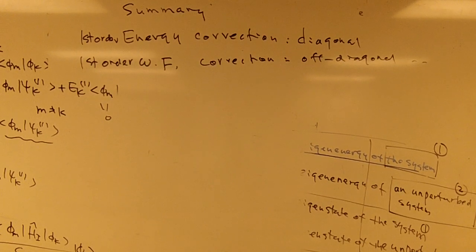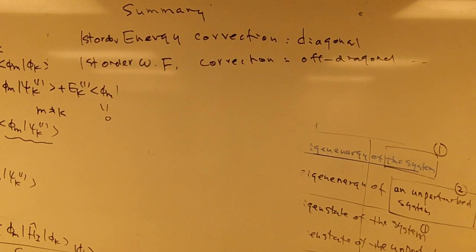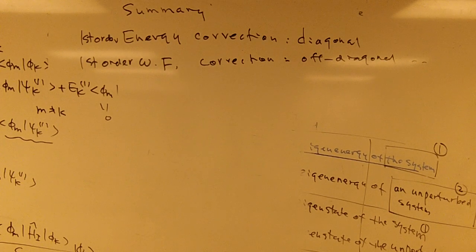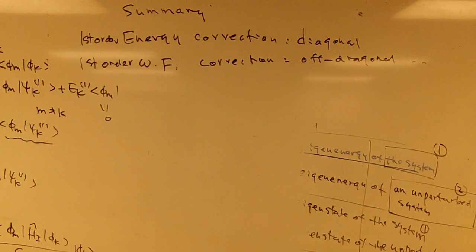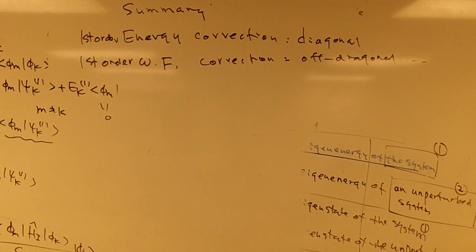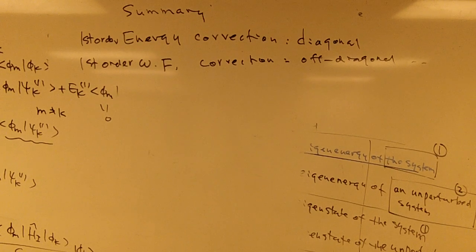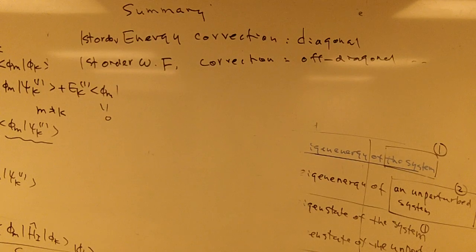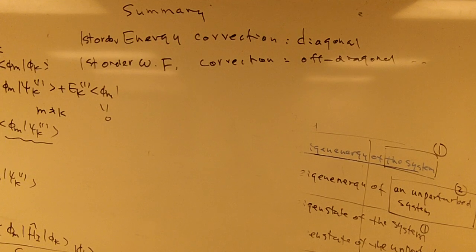We multiply equation 5.1.15 by the state φ_m*, m not equal to k, from the left and integrate to get ε_m⟨φ_m|ψ_k^(2)⟩ + ⟨φ_m|Ĥ_I|ψ_k^(1)⟩ = ε_k⟨φ_m|ψ_k^(2)⟩ + E_k^(1)⟨φ_m|ψ_k^(1)⟩ + E_k^(2)⟨φ_m|φ_k⟩, which yields the overlap between ψ_k^(2) and φ_m: ⟨φ_m|ψ_k^(2)⟩ = (⟨φ_m|Ĥ_I|ψ_k^(1)⟩ − E_k^(1)⟨φ_m|ψ_k^(1)⟩) / (ε_k − ε_m).